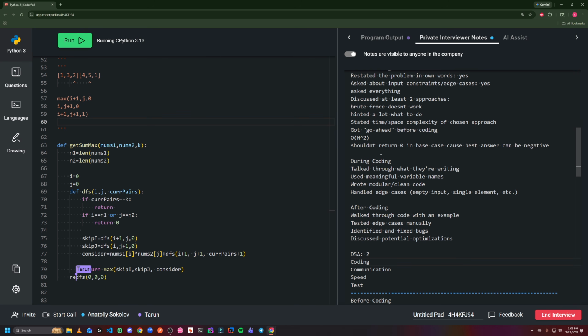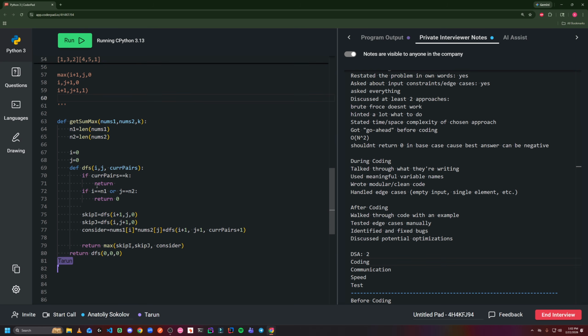Then just return the current pairs. I'll skip it or consider it. If I consider it, this is one pair, and then I'm going to check for the other pair. Skip, consider.